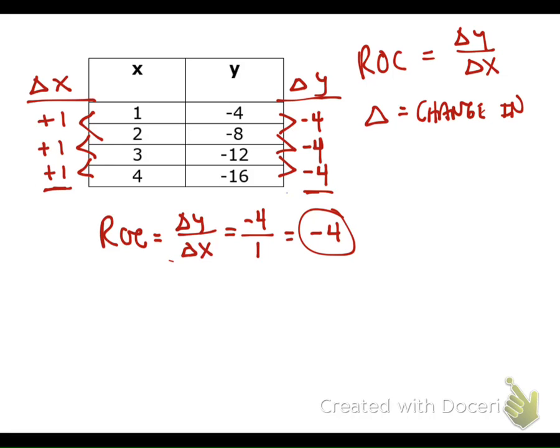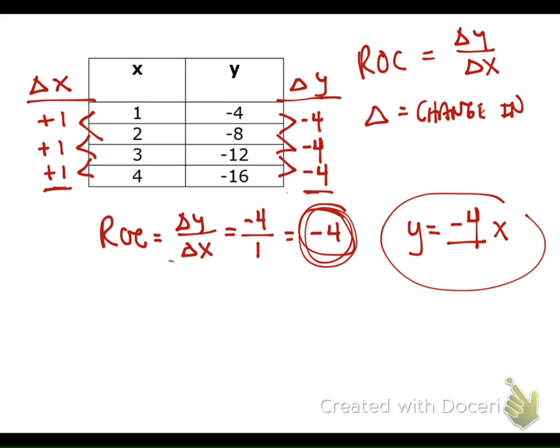Why that's important is because if I was going to put this into an equation, y equals, I need my coefficient times x. The rate of change is that coefficient. The rate of change is the number you multiply by. So this tells me, oh, here's my equation, or at least my starting point. I may need to figure out if I add or subtract something later.